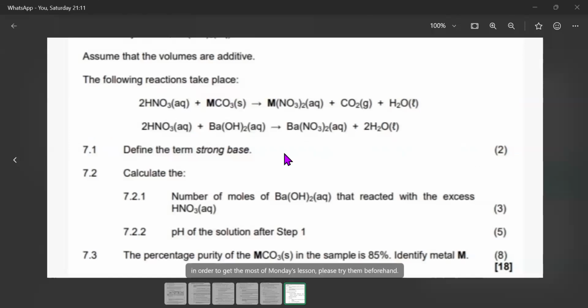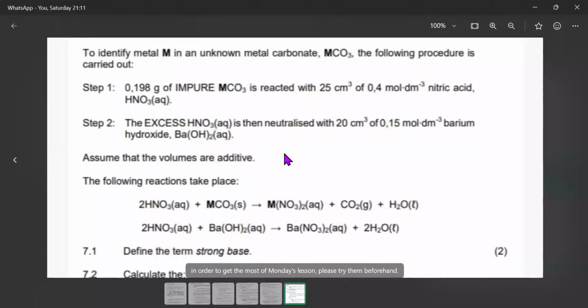So how do you become careful? Well, remember, we are saying after step 1, before step 2. So you need to go to step 1 and say what is going to be the volume of the solution. If you look at your step 1, you're only given the volume of one reactant, which is the acid itself, the 25 cubic centimeters.